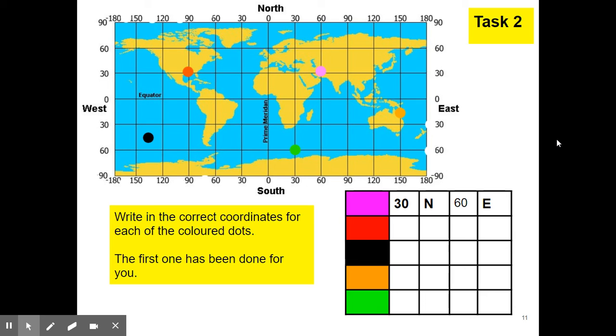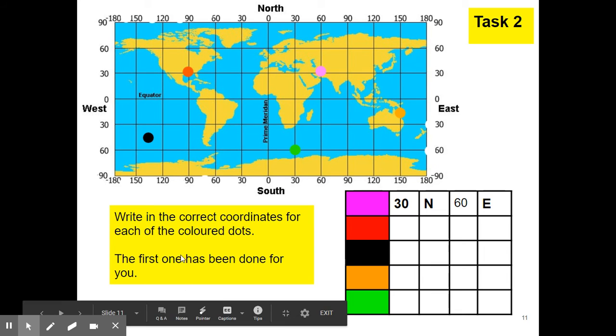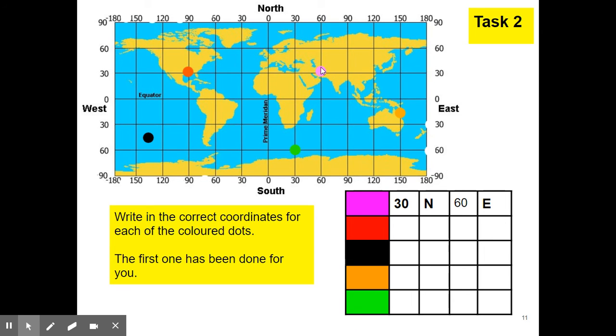Okay, again, this is on your slides. So what I want you to do this time is to complete this little table. So we've got an orange dot, that one, a green dot, a black dot, and a red dot. Now we've also got a purple dot. I've done that one for us.